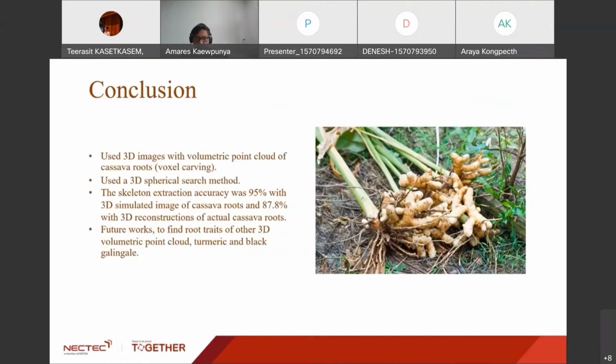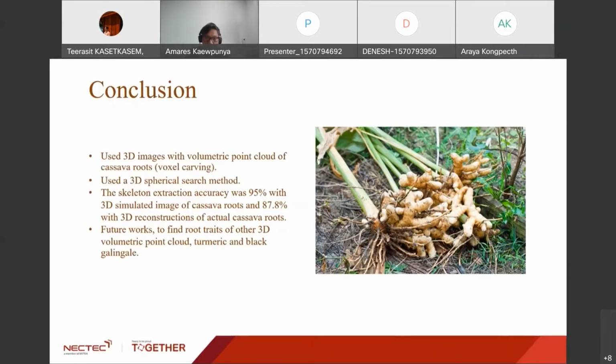Our skeleton extraction was performed on the 3D image of cassava root with a 3D volumetric point cloud. Our technique used a 3D sphere to test along the 3D image of cassava roots.